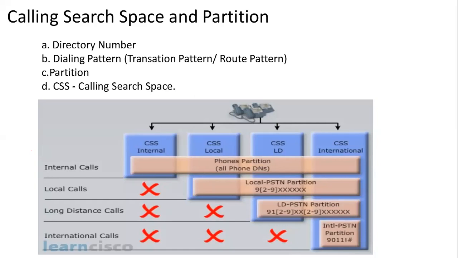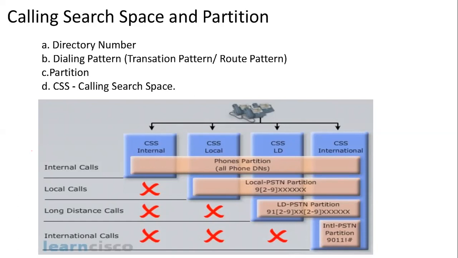As an example, a director of a company wants a feature where he can reach any employee of the company, but an employee cannot directly reach the director. They can only reach the personal assistant, and that assistant can reach the director. He will achieve this scenario based on the CSS and the partition options.